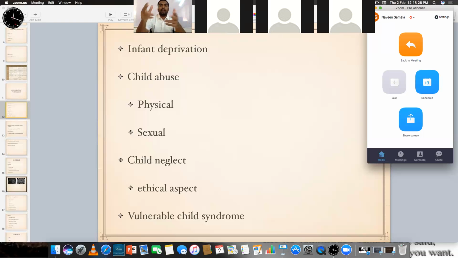Like Amina ma'am was saying about battered baby syndrome. What happens is that these parents catch hold of the child like this, within their two hands, and they shake them. That's called shaken baby syndrome or abusive head trauma. It was previously called shaken baby syndrome, and now it's called abusive head trauma. In this violent shaking, they tend to fracture the ribs.